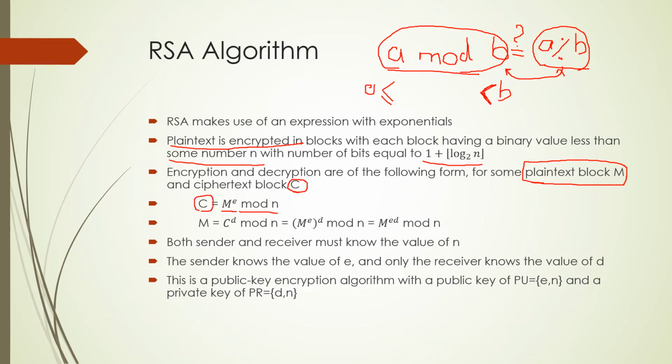On the receiving side, the receiver knows his or her own private key. Part of the private key is d, which is an integer. The receiver raises c, the ciphertext block, to the power of d, and then finds the remainder of the result when it's divided by n, and that reconstructs the message m.